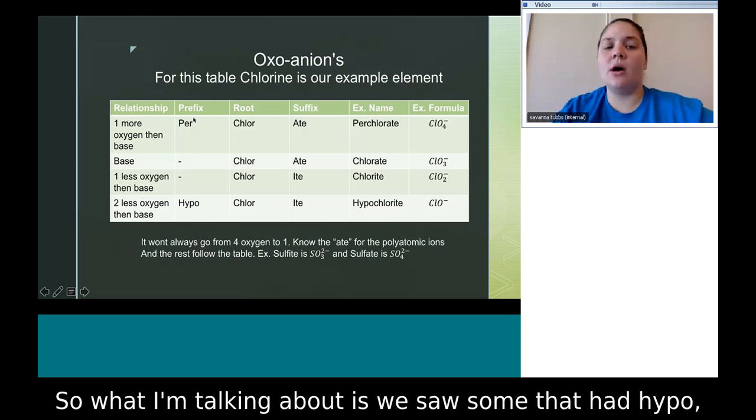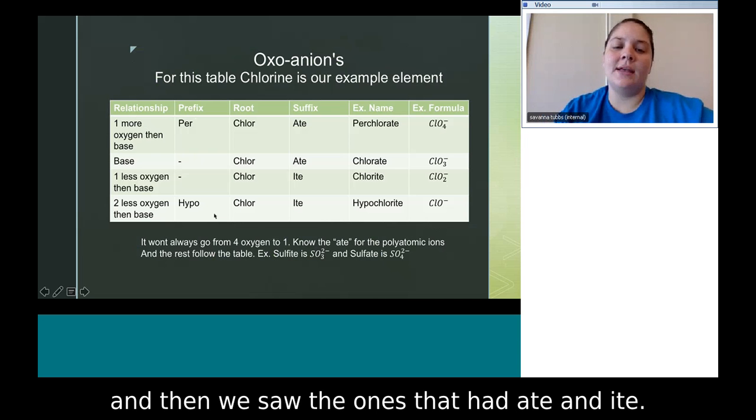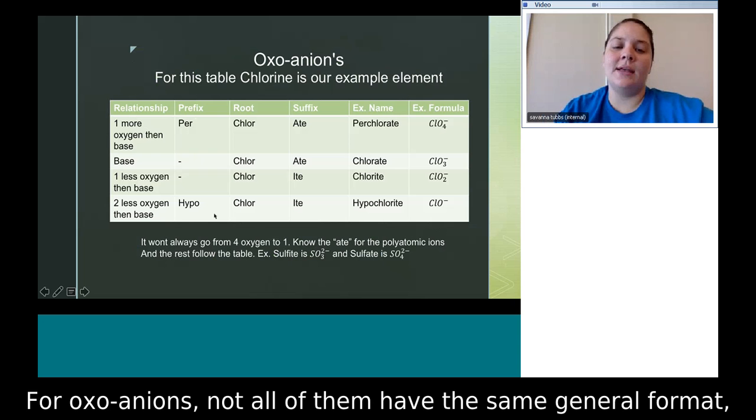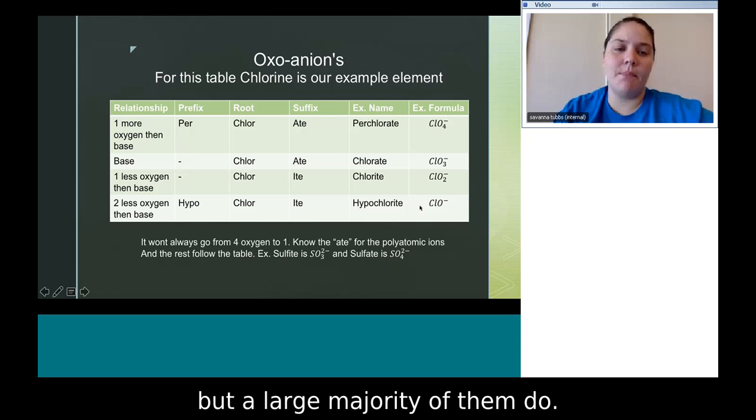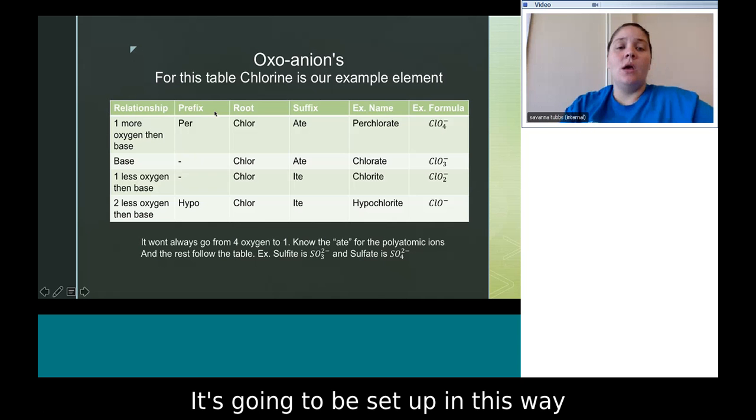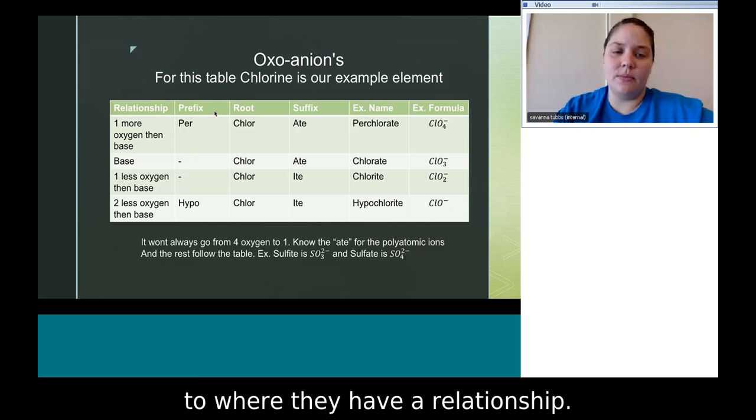What I'm talking about is we saw some that had hypo, and then we saw the ones that had ate and ite. For oxoanions, not all of them have the same general format, but a large majority of them do. It's going to be set up this way so that they have a relationship.